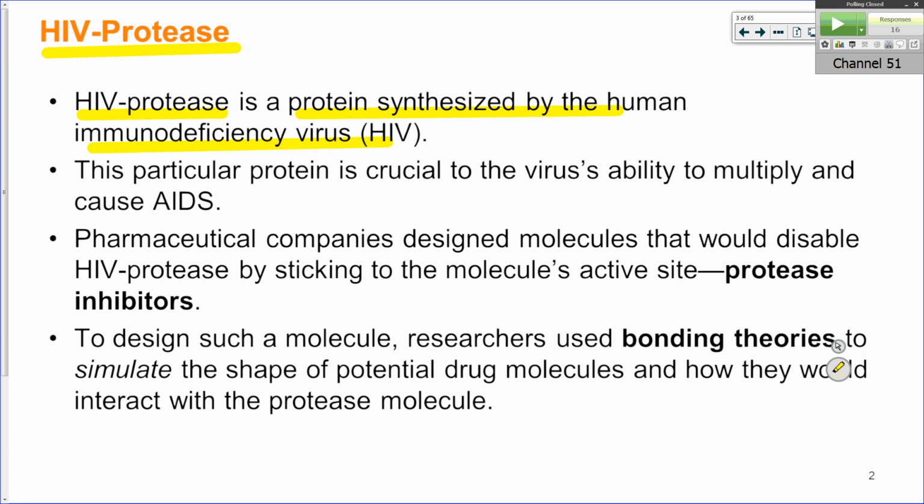And this particular protein is crucial because it controls the ability of the virus to multiply, which leads to acquired immunodeficiency syndrome, which is known as AIDS. And AIDS is what actually causes the death. Basically, it shuts down the body's complete self-defense systems. Okay, you die of common infections. You get pneumonia and can't ever recover from it, or whatever it may be.